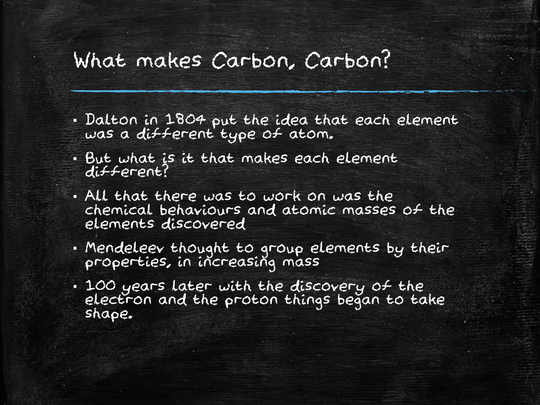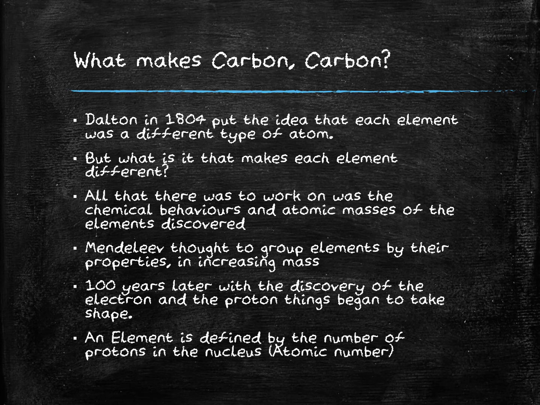And by understanding how those shells get built up, and by understanding about now the discovery of the proton, they were able to determine that each element is defined by the number of protons in its nucleus, or the atomic number. So carbon, for example, will always have 6, helium will always have 2, lithium will have 3, nitrogen 7, and so on and so forth, all the way through the periodic table.